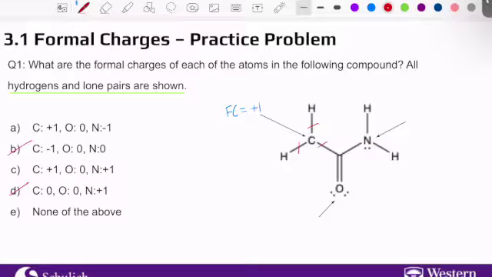Now, looking at the next one, if we do oxygen, we know oxygen has 6 valence electrons. So 5, 4, 3, 2, 1, 0. Its formal charge is 0. We can look at our options. We see that both of these still have oxygen as a formal charge 0. So we are going to have to look at our nitrogen for its formal charge.